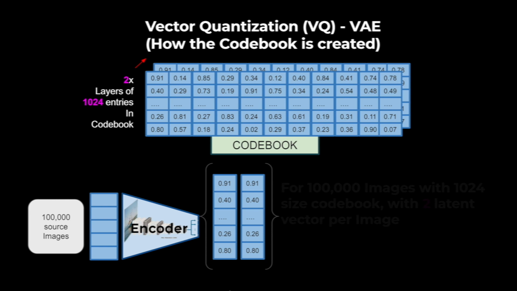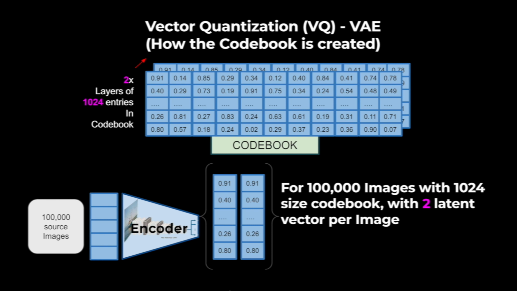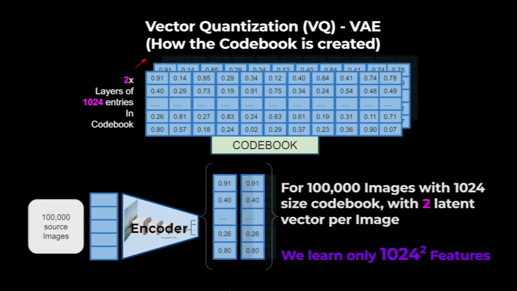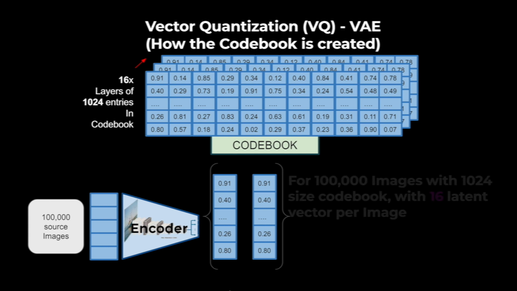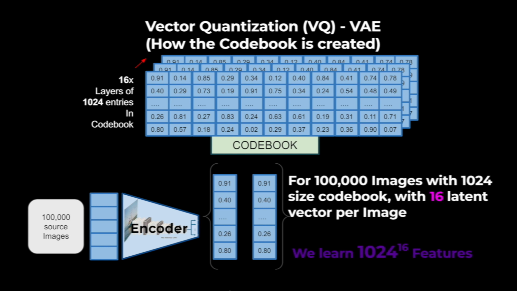With this change, there will be 100,000 images with a 1024 size codebook with two latent vectors per image. It's going to give us 1024 to the power 2 features. Similar to it, if we have 16 layers of 1024 entries in the codebook, it is going to give us 1024 to the power 16 features.